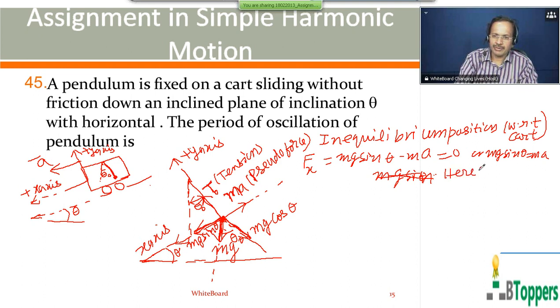So here theta will be equal to theta naught, because the reason is a equals g sin theta. Therefore theta will be same as theta naught.